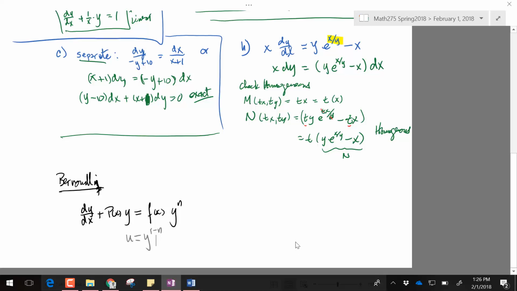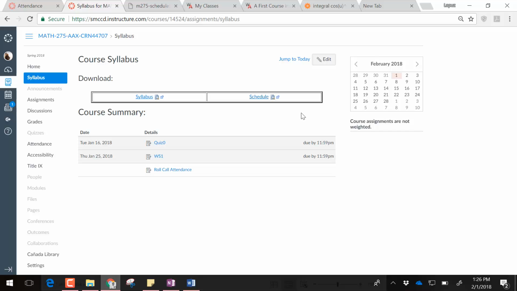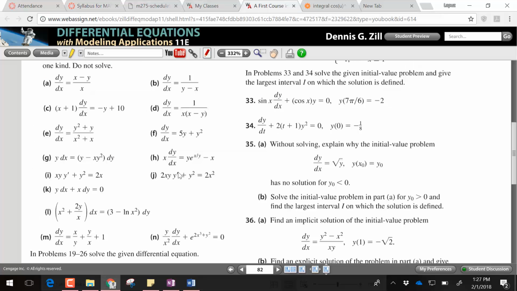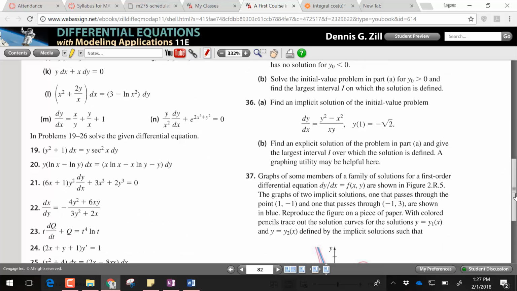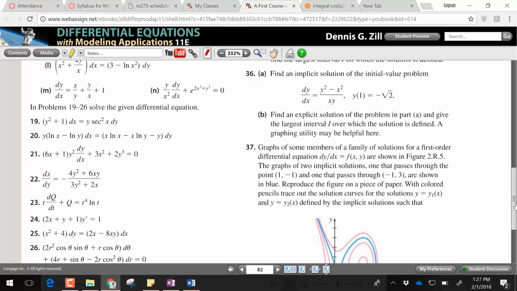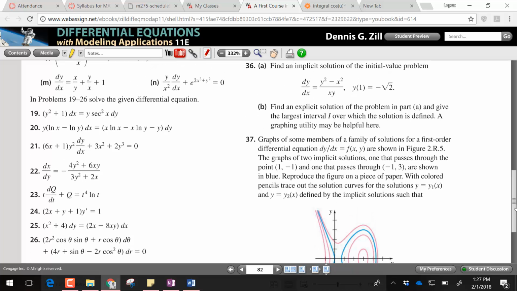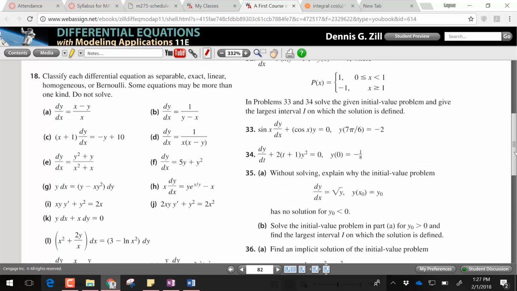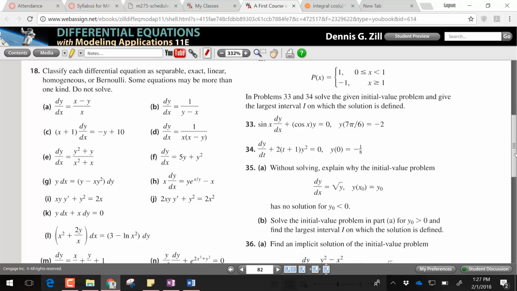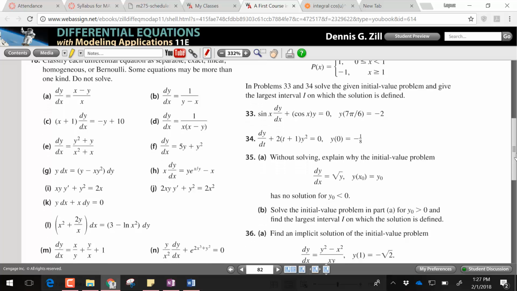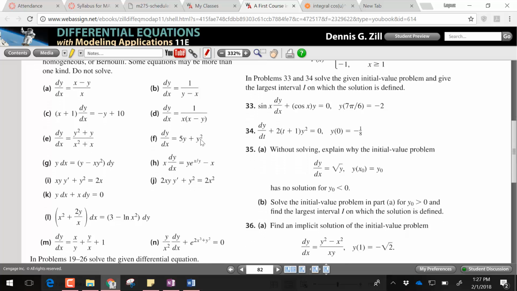All right, let's see. Maybe we have a little bit of time to do a first order IVP. This one? Yeah, that's probably a Bernoulli.